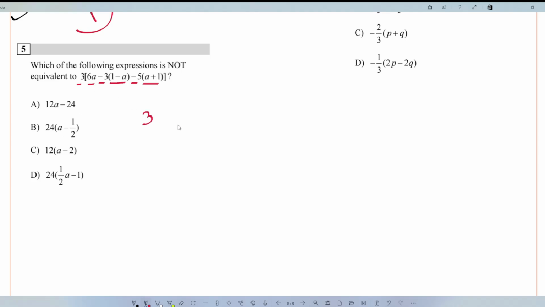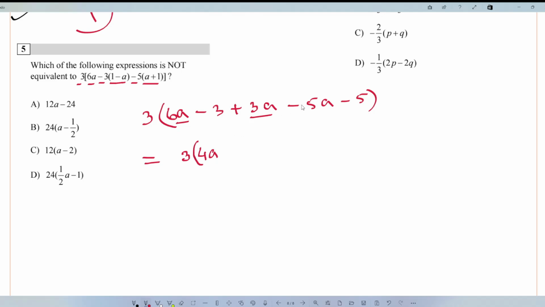Here is 3 and we can write 6a minus 3 plus 3a minus 5a minus 5. Okay, so here is 6a plus 3a, it means 9a. 9a minus 5, it means 4a, and here is 3.